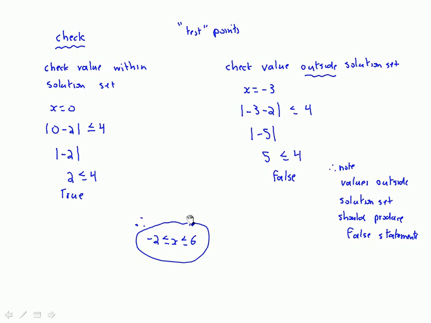Now, to simplify this process a bit, there are a series of rules. What I did before to solve it, just by going plus or minus around the absolute value symbol, is fine, works. But we can also do it like this.